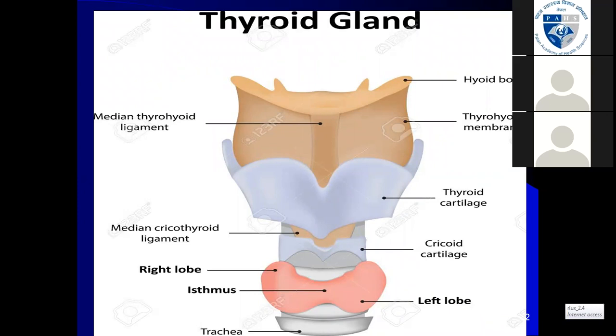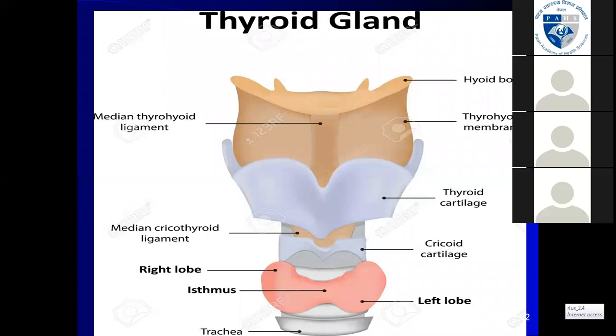And for this, there is the process of synthesis of thyroid hormones, regulated through a feedback mechanism, especially a homeostatic negative feedback mechanism, by free T3 and free T4 in our body.